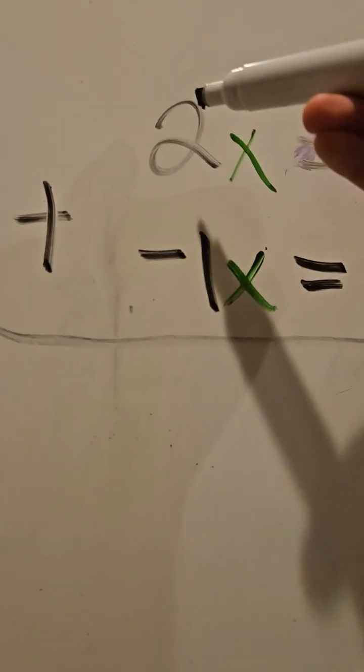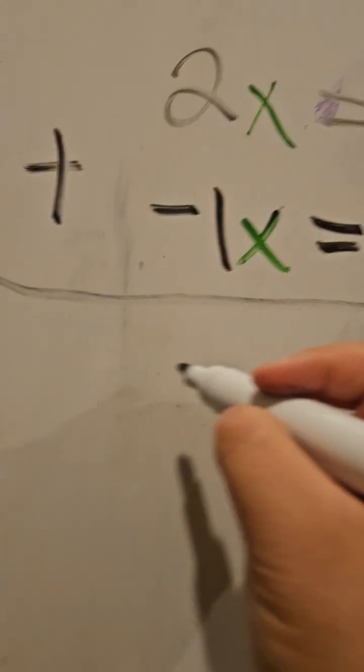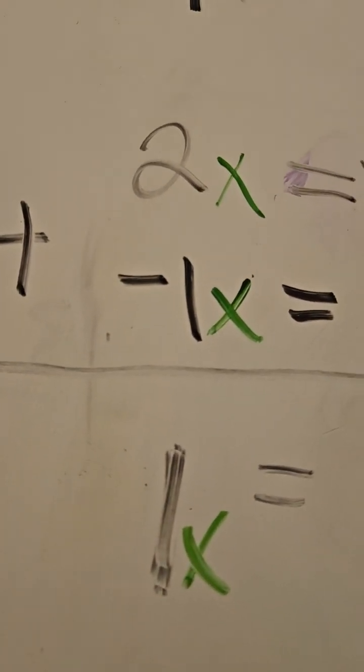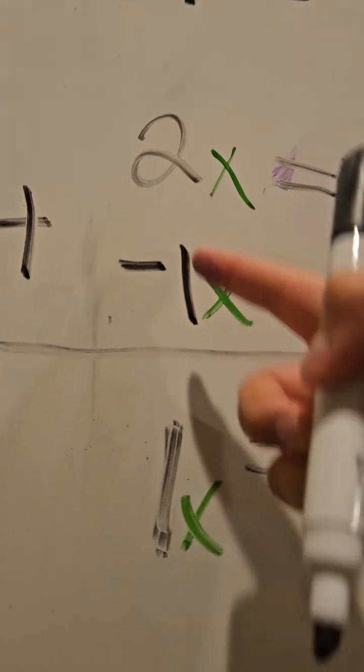And then you would simplify this, which would be +1x equals, and I assume you know how to do simple algebra. This would just be like 2 minus 1x, so it would be +1x.